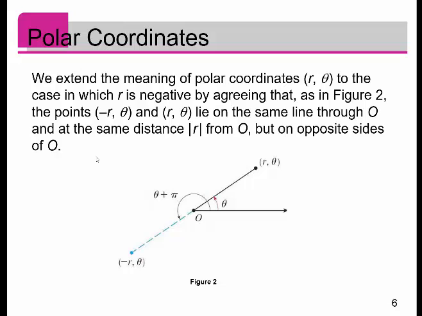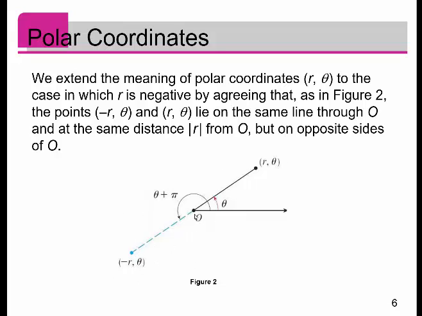It seems a little weird, but this is how we're going to do it: by agreeing that, as we see in figure 2, the points (-r, theta) and (r, theta), so here's (r, theta) and here's (-r, theta), lie on the same line through O, at the same distance, the magnitude of r, from O, but on opposite sides of O. So if this is (r, theta), the flip of it on the same line is in a different quadrant: this is in quadrant 1, and this will actually be in quadrant 3 over here.